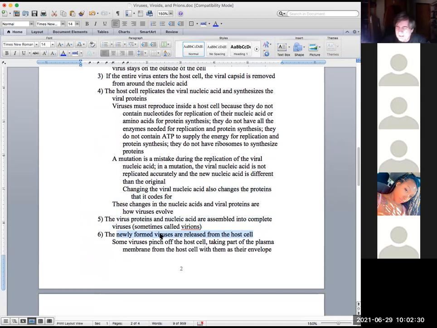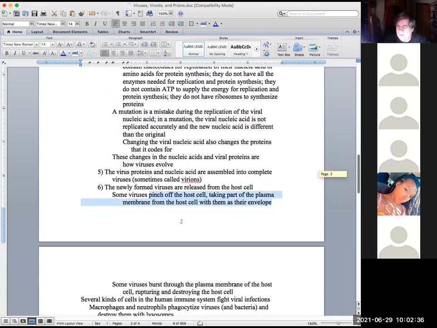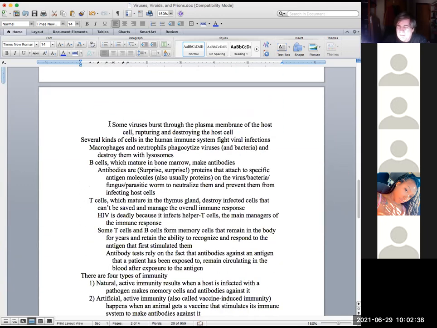Sometimes, as I said, they kind of pinch off the cell, taking part of the plasma membrane with them. This is their envelope. Sometimes they just burst through the plasma membrane and punch a hole in it. And it depends on which type of virus it is. Each virus has a characteristic, so a virus doesn't really change this.